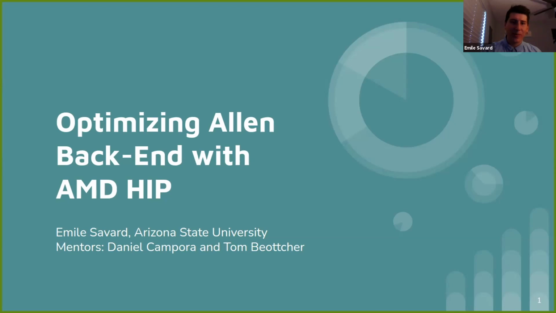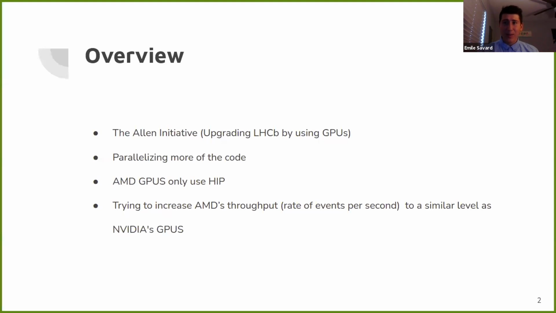Optimizing Allen Backend with AMD HIP by me, Emile Savard, and then as mentioned, both of my mentors were Daniel and Tom. So as a quick overview from my Diana fellowship over the summer, as Tom was saying, I was basically working as a part of the Allen initiative, which was based on upgrading LHCB by using GPUs and by extension, parallelizing the code.